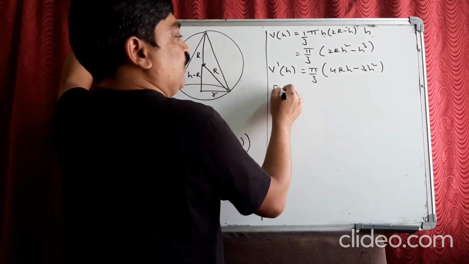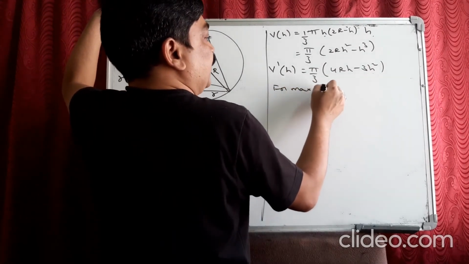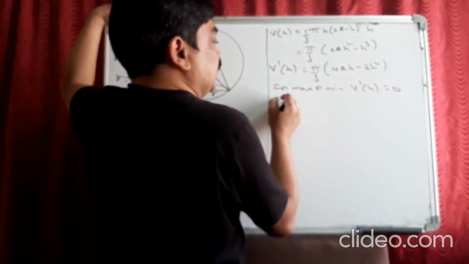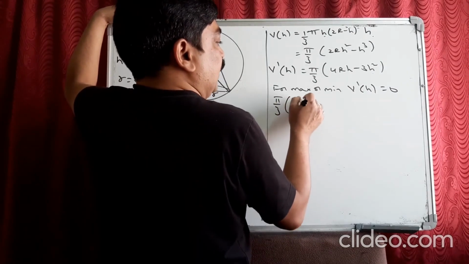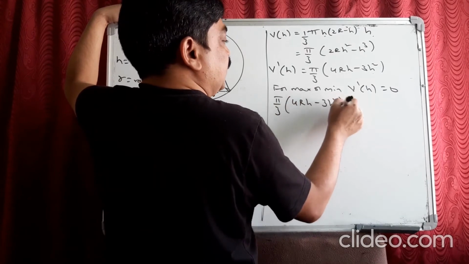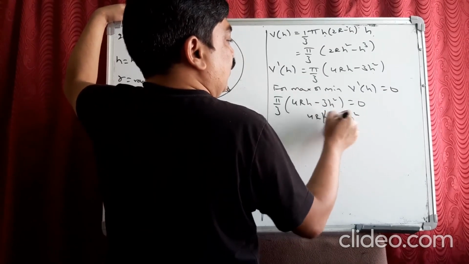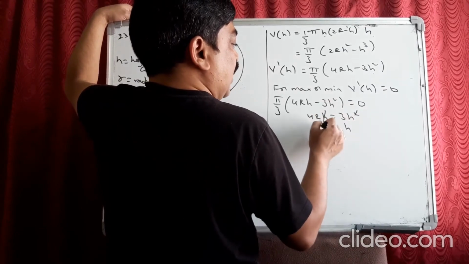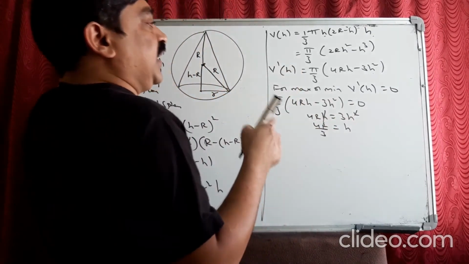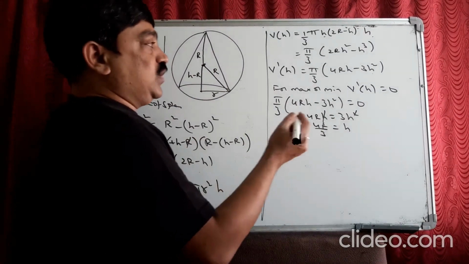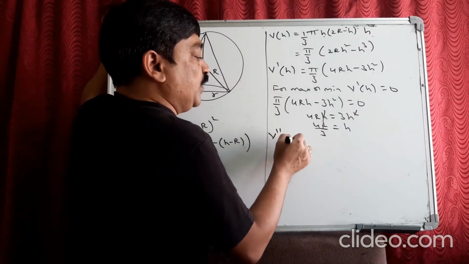We know that for maximum or minimum, V dash of h is equal to 0. So pi by 3 of 4Rh minus 3h square is equal to 0. 4Rh equals 3h square. One of the h gets cancelled. h equals 4R by 3. After getting this, let us check whether it is positive, sorry, negative or not, because it should be maximum.